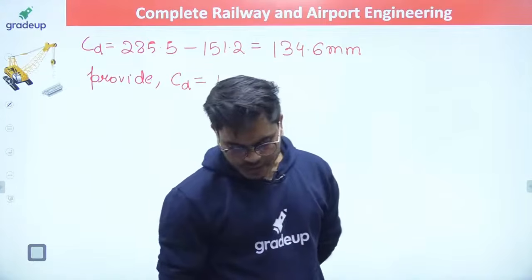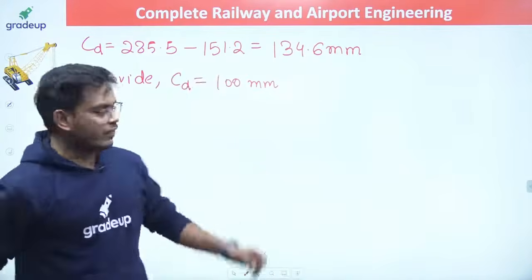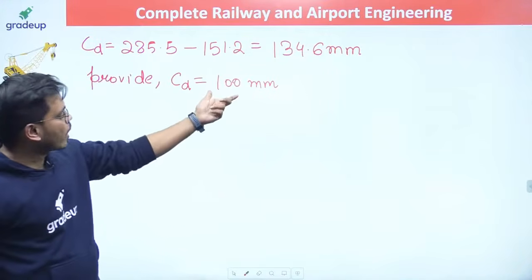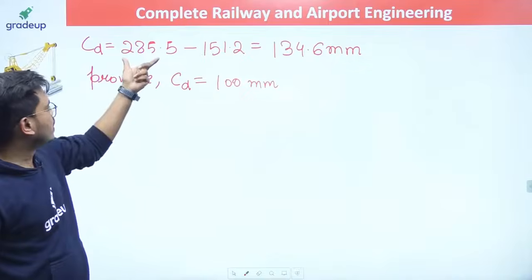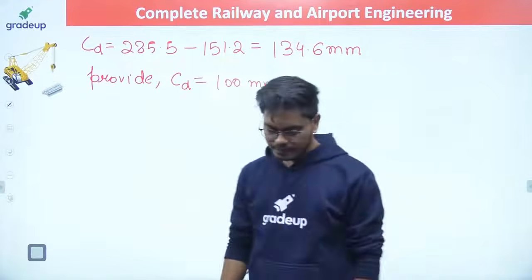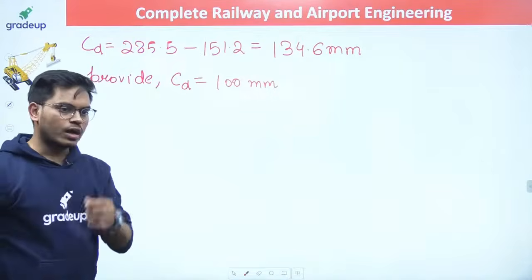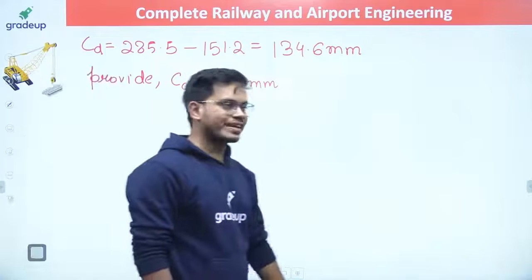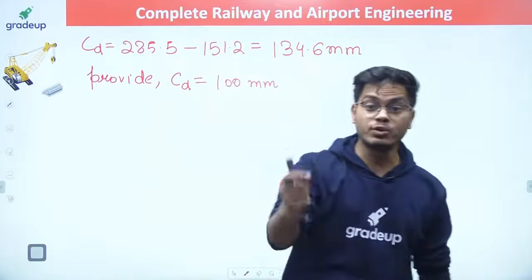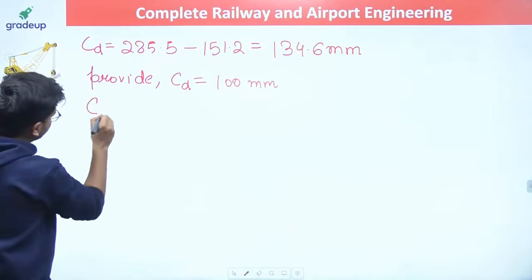If I will provide 100 mm, then what will be the value of actual CANT, everyone? If I want 100 mm of CANT deficiency, then what should be the value of my actual CANT?